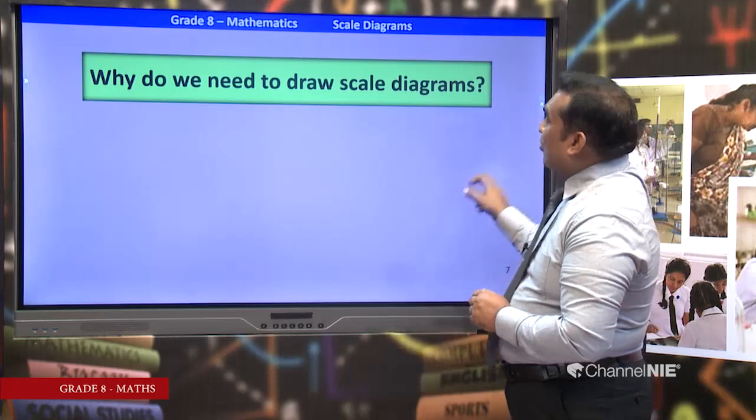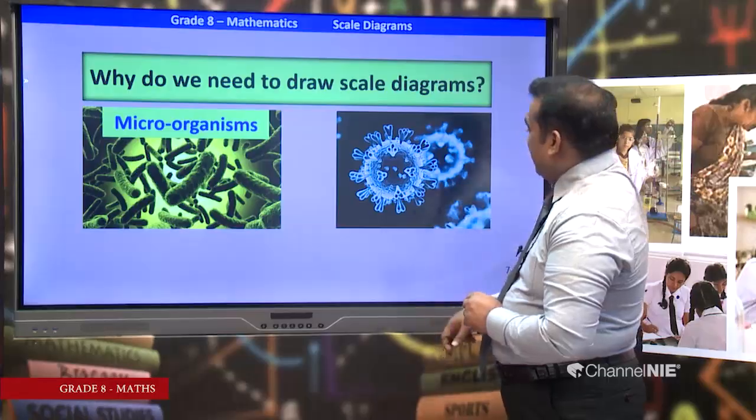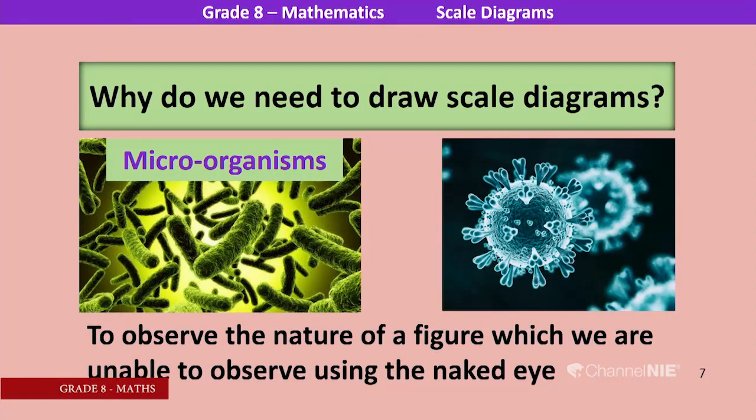Why do we need to draw scale diagrams? Microorganisms are very, very small. To observe the nature of a figure which we are unable to observe using the naked eye. Using the actual measurements, you can't identify this shape. You have to increase the actual measurements.